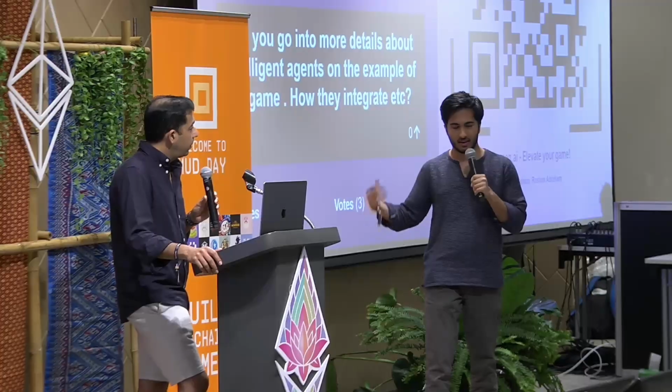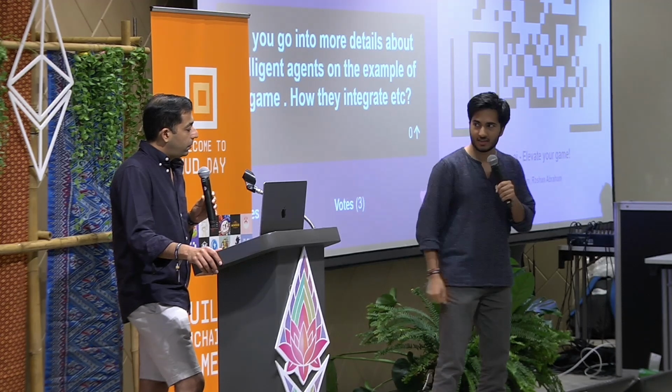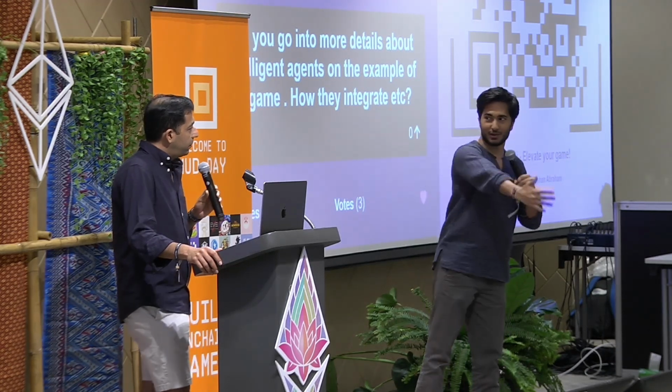Okay, the next question is one I'm also personally very interested in. Go into detail on how intelligent agents that you create can get integrated into these games. How do you bring them into the world? Yes, there are a few ways we think about it. First, who owns an agent? Who controls it? I spoke about different owners.